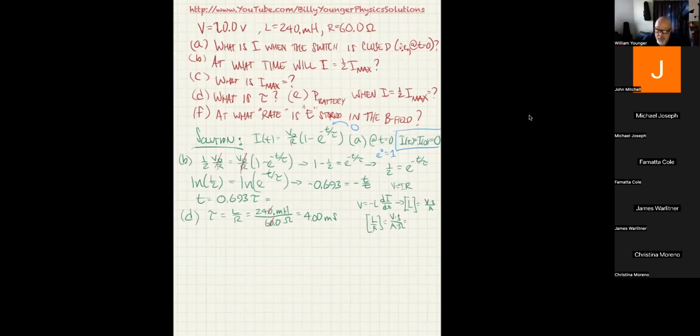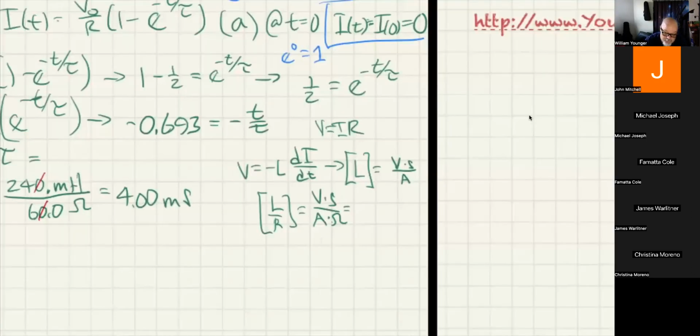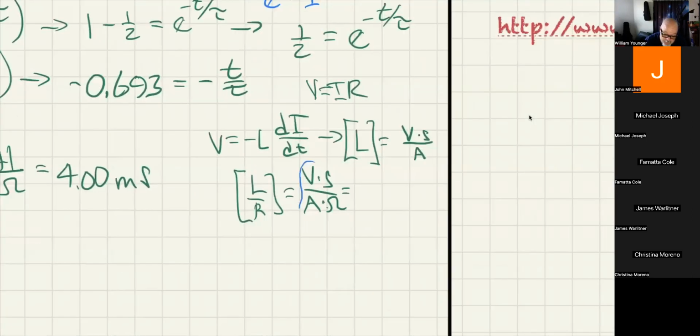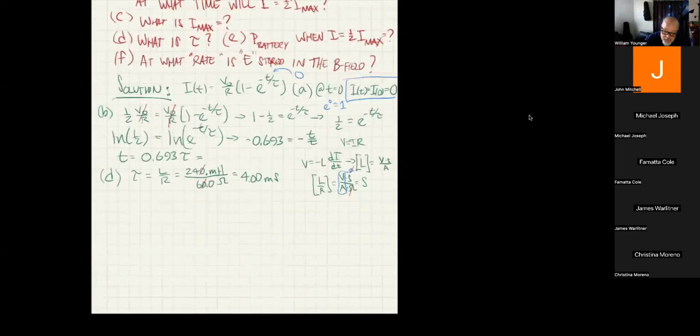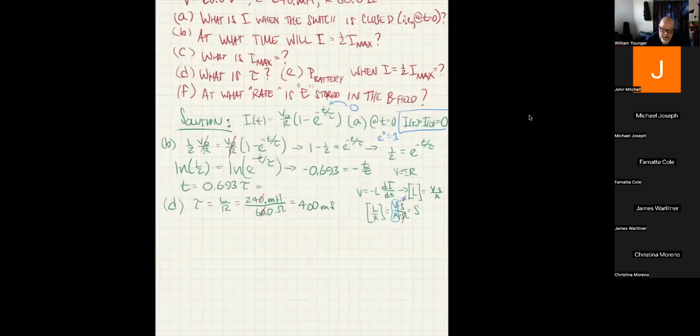So this quantity right here, volts per amp, is equal to ohms. So that ohm is going to cancel out with this ohm, and you'll get just seconds. So that's how the units worked out on that.